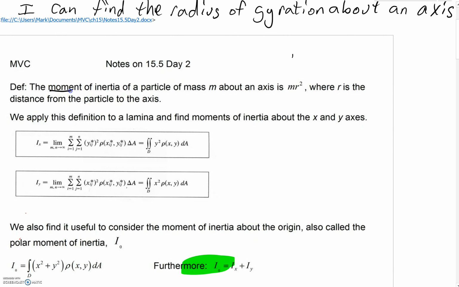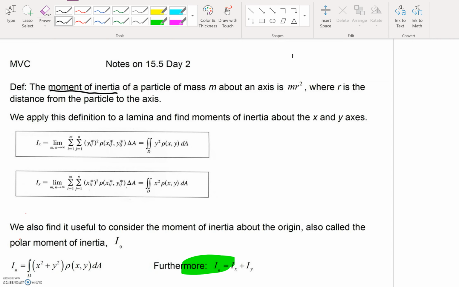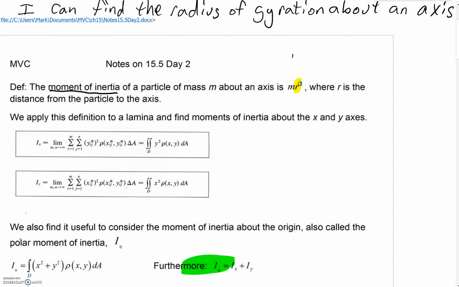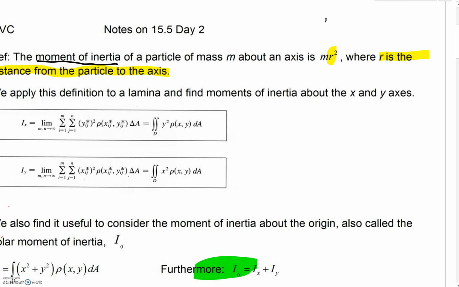The moment of inertia of a particle of mass m about an axis is m r squared, and r is the distance from the particle to a specified axis. We apply this definition to a lamina and find the moments of inertia about the x and the y axis.